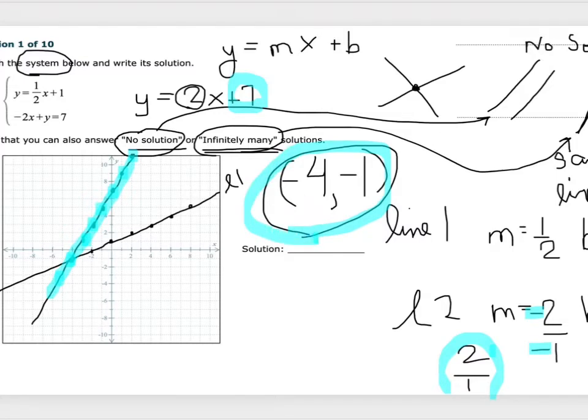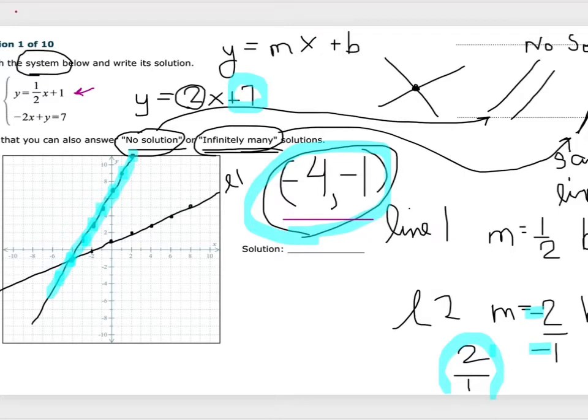But we never just stop there and take that for fact without going back into the original equations and plugging in -4, -1 to see if it really is the solution.